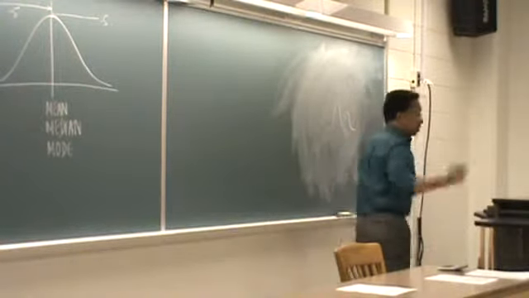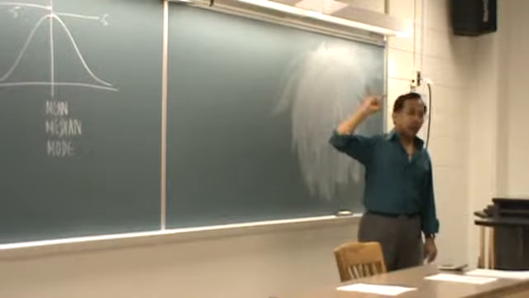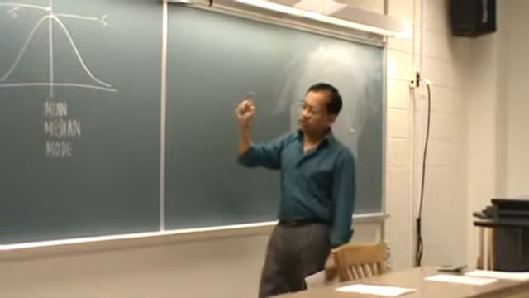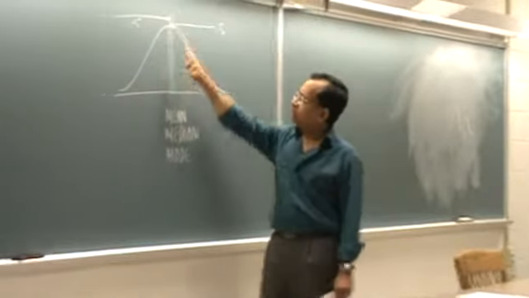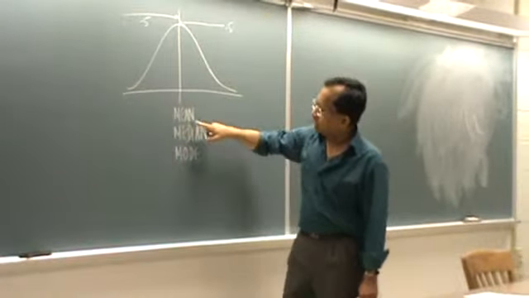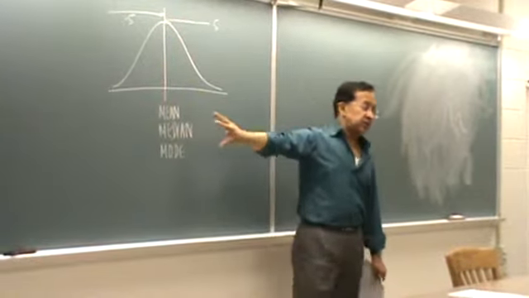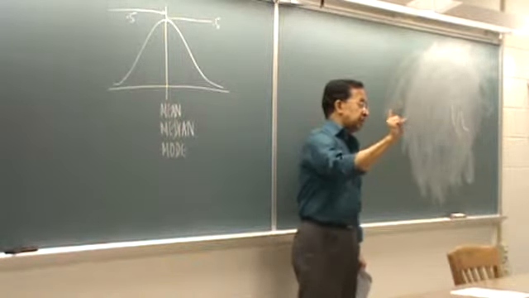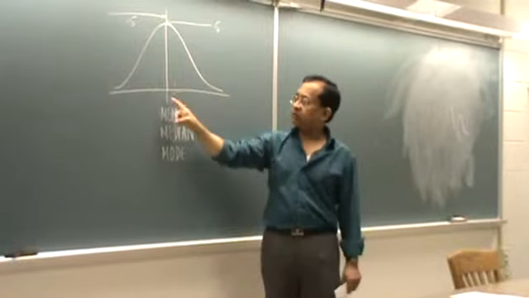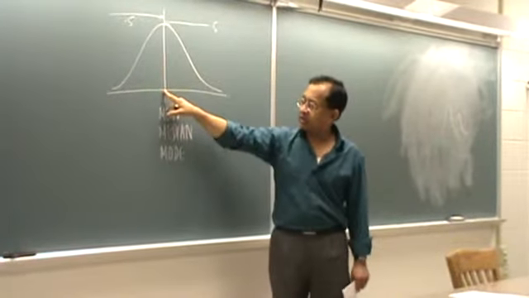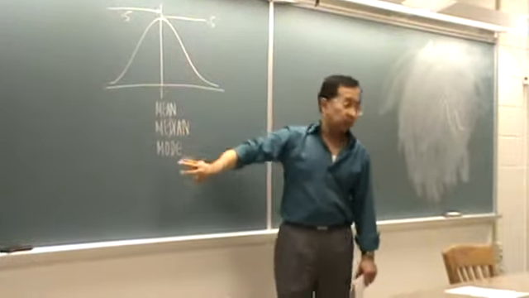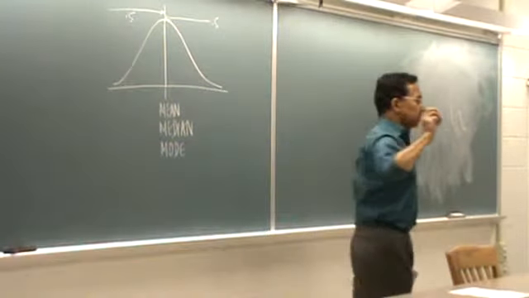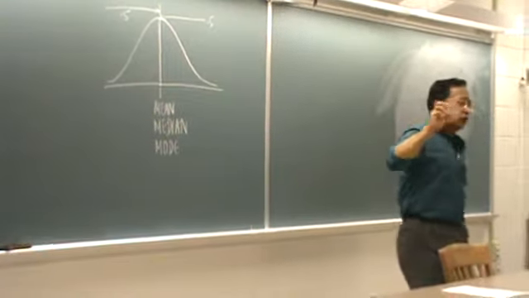So the normal curve has one mode, so it's unimodal, and mean, median, and mode all fall at the same point, which is right at the middle of this curve. That's a unique feature of the normal curve.